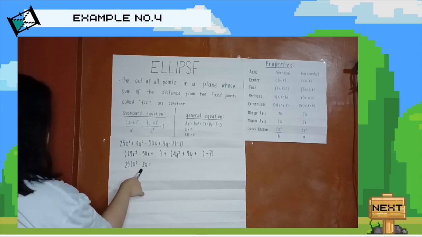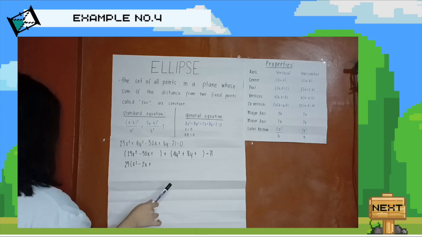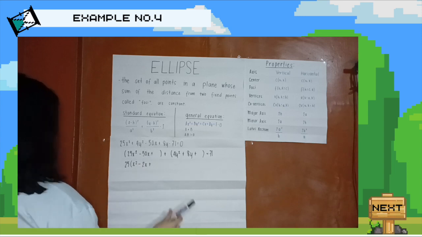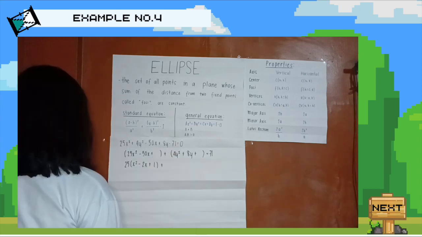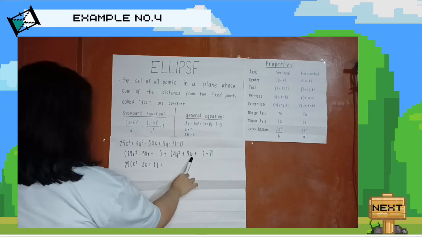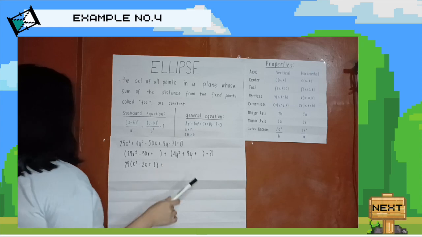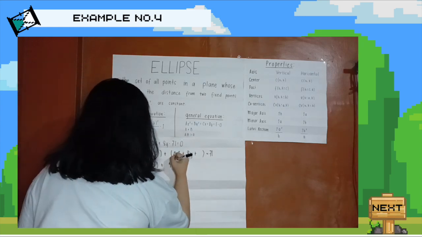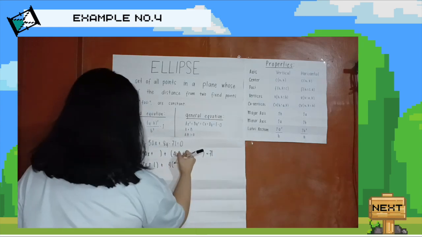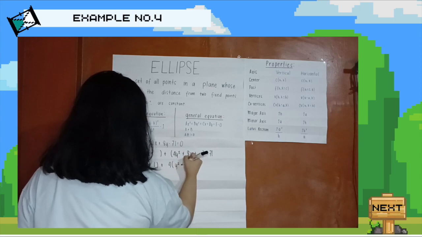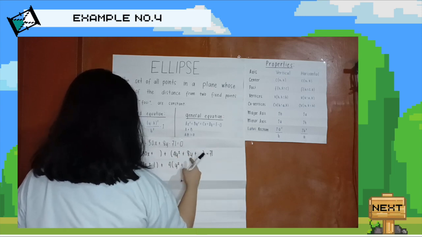So negative 1 squared is equal to positive 1. So 8 divided by 4 is 2. So 4y squared plus 2y.